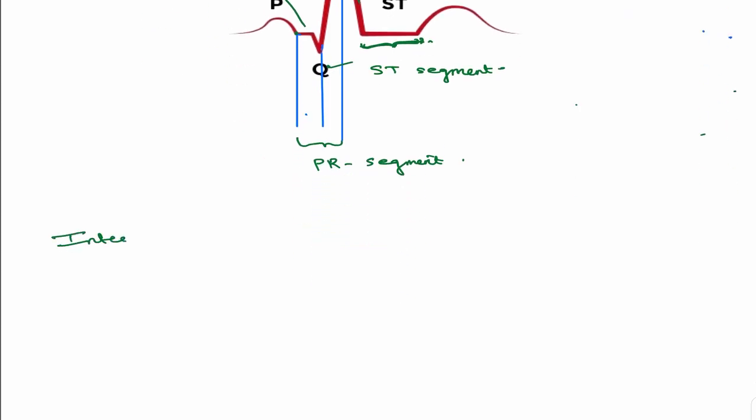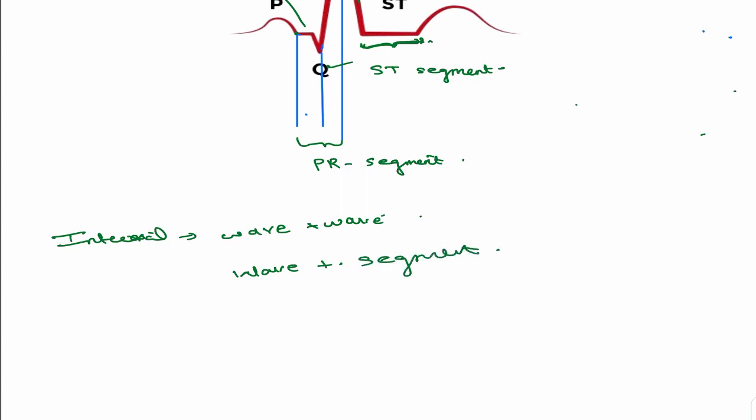Interval means a wave plus a wave, that is a combination of two waves, or it can be a wave plus a segment.